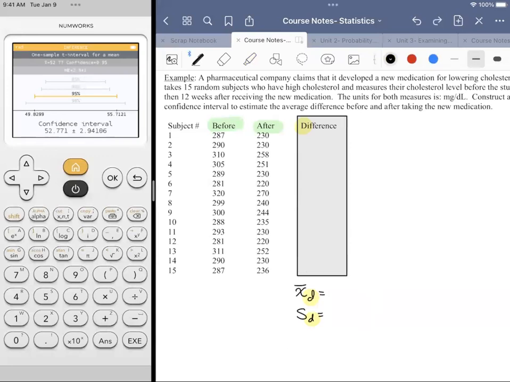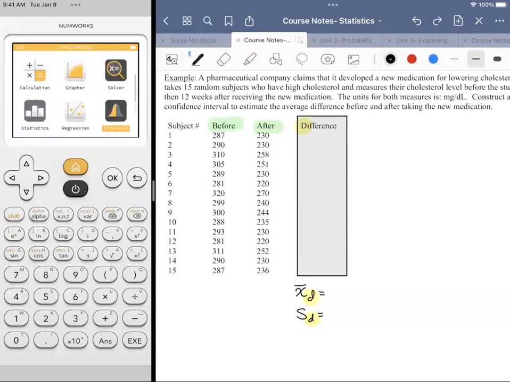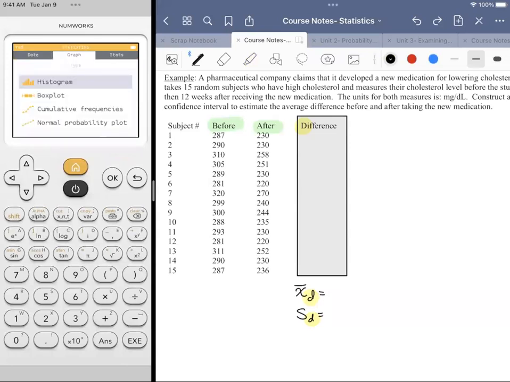So I'm going to go into the home menu. I'm going to go to statistics. So home, statistics. All right, we're going to go to data.